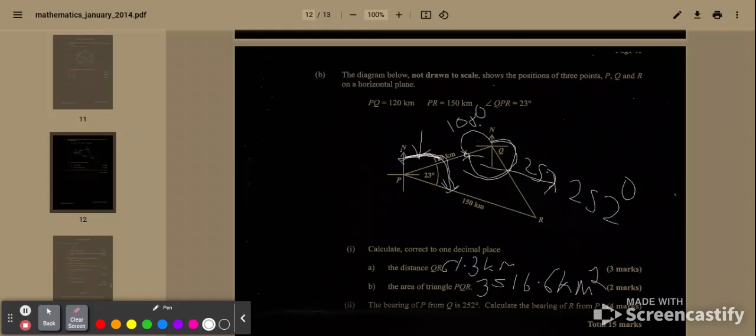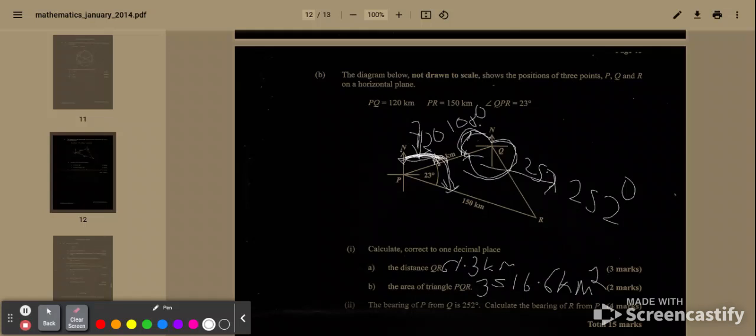Our other step is to find this piece right here. There's a rule which states that interior angles are supplementary, meaning they add up to 180 degrees. So we can just take 108 from 180, which will leave us with 72 degrees. So this piece here is 72 degrees.